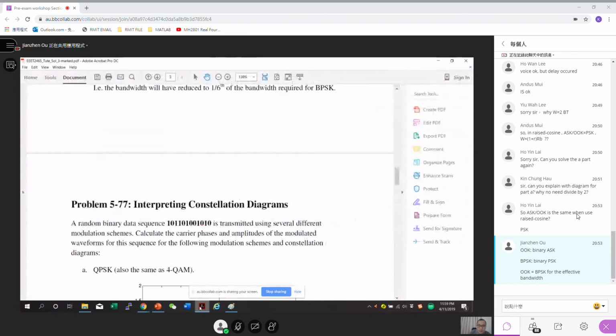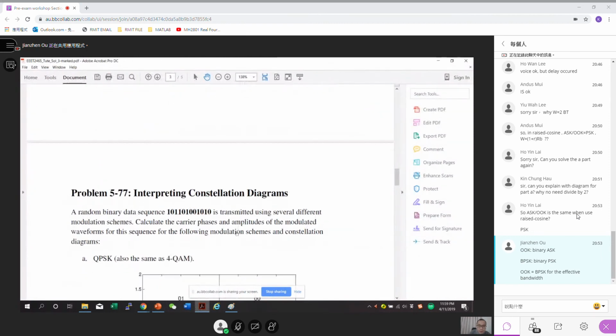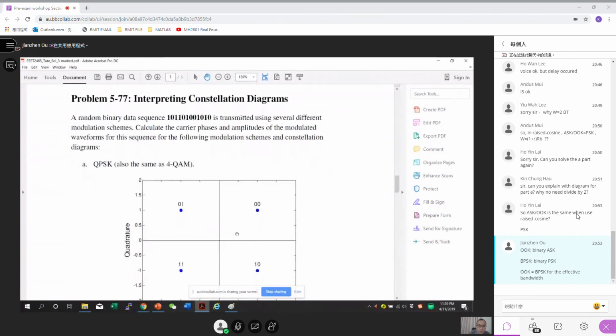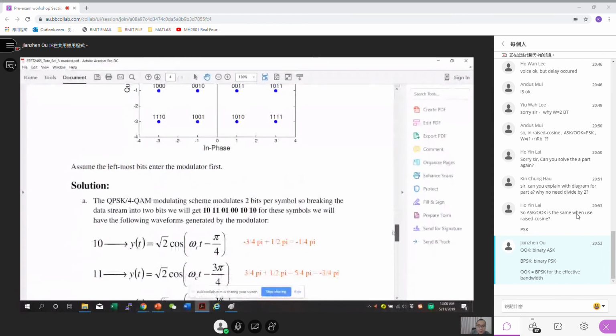Okay, so now we know about the formula, right? Now we have to break the data sequence. For instance, the QPSK, because it's 2 bits each time, this data sequence becomes 10 11 01 00 10 and 10. You break it into 6 parts.